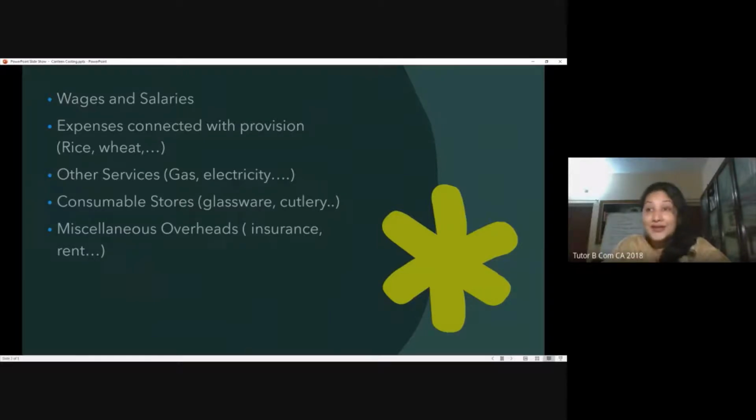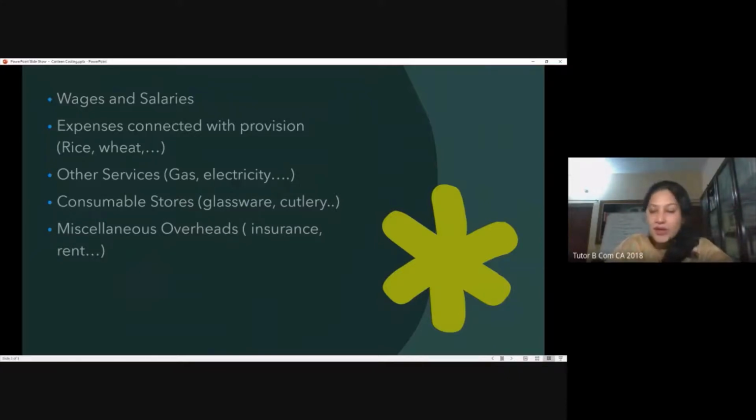And the other expenses can include transportation, carrying in and out. Suppose you might have some catering services also, so you will have to deliver the food to the place of that function or to the locality where the customer has asked for. So transportation expenses, all such expenses will be included under the cost of making one particular category of food, or in some cases it will be cost per order.